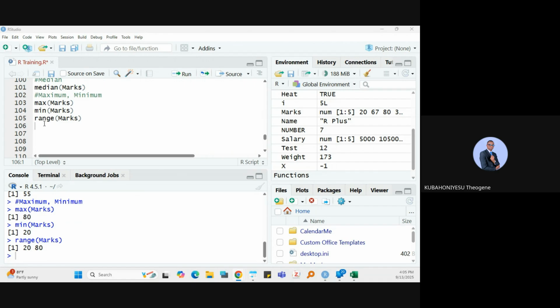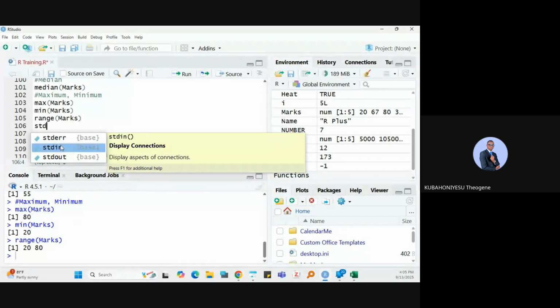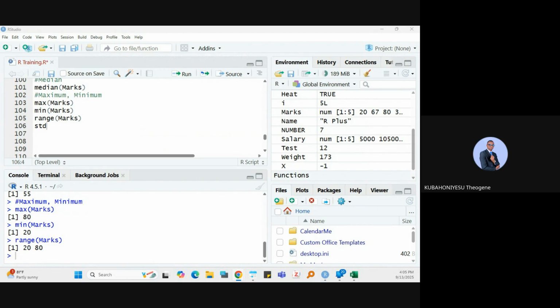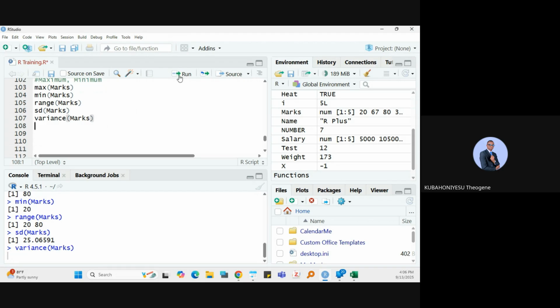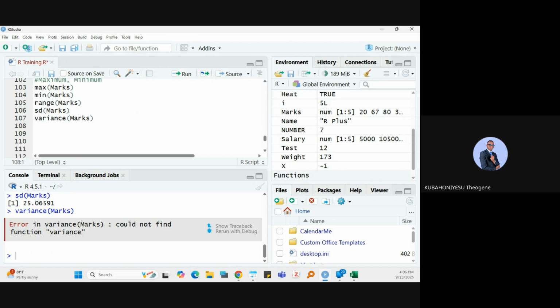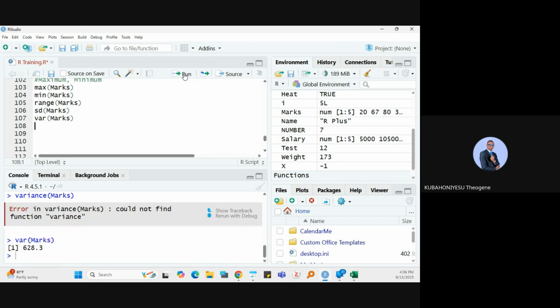So for example, you need the standard deviation, which is sd. Then let's say you need the variance of marks, var.